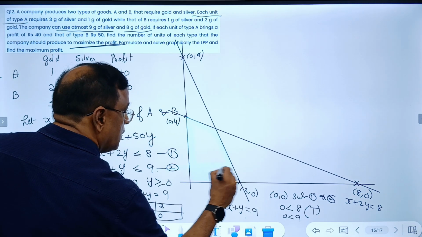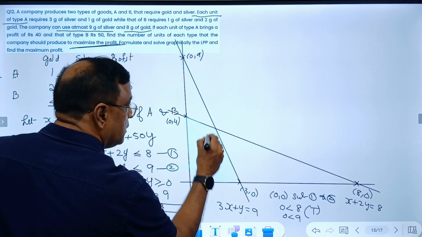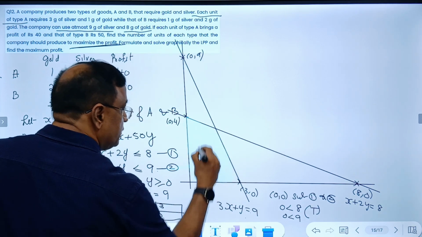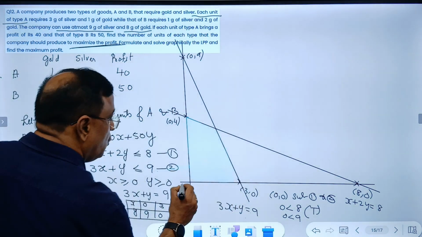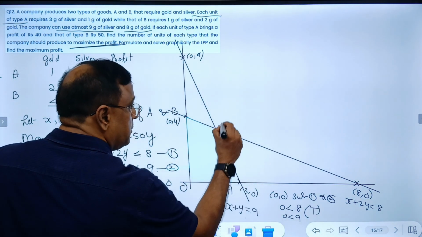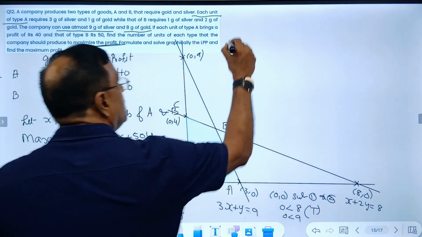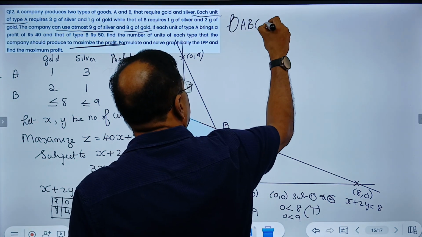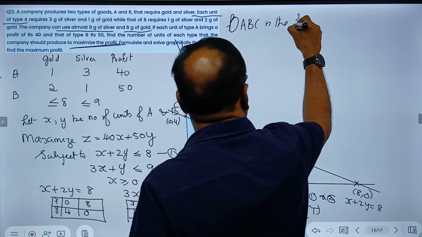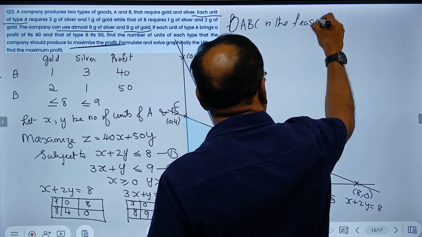Let me just shade it. So this is my feasible region. O, A, B, C is the feasible region.